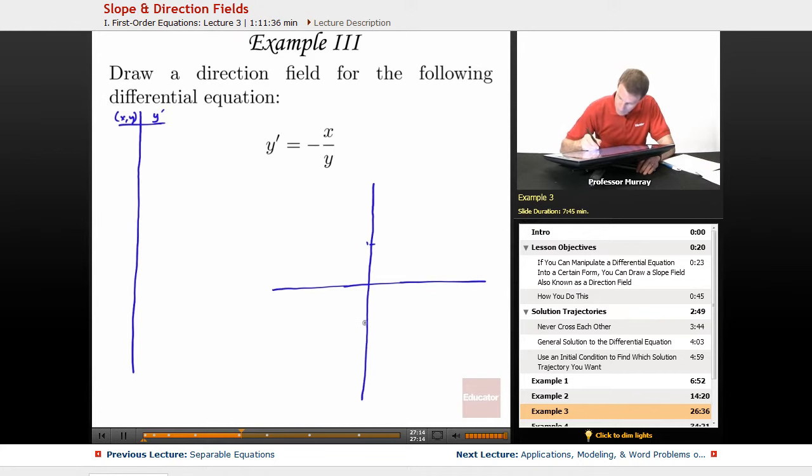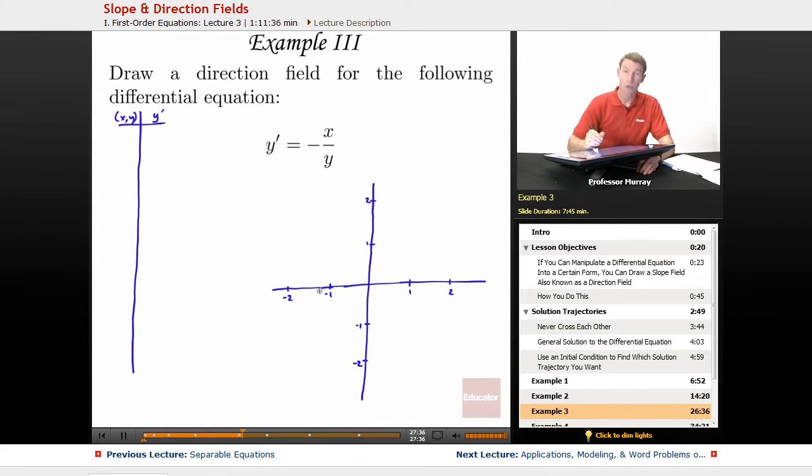So there's 1, there's negative 1. Oh, that one was a little far out. Let me draw that a little closer. There's negative 1, and there's 1, 2, and so on.